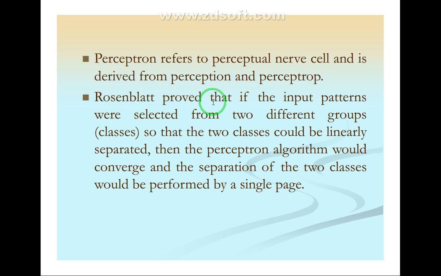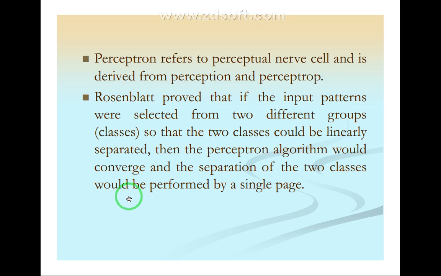Rosenblatt proved that if the input patterns were selected from two different groups of inputs, let's say we have two classes of inputs, so that the two classes could be linearly separated, then the perceptron algorithm would converge and the separation of the two classes would be performed by a single plane.